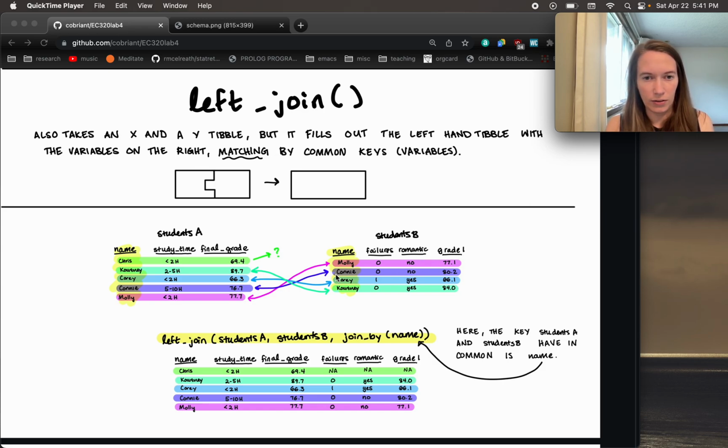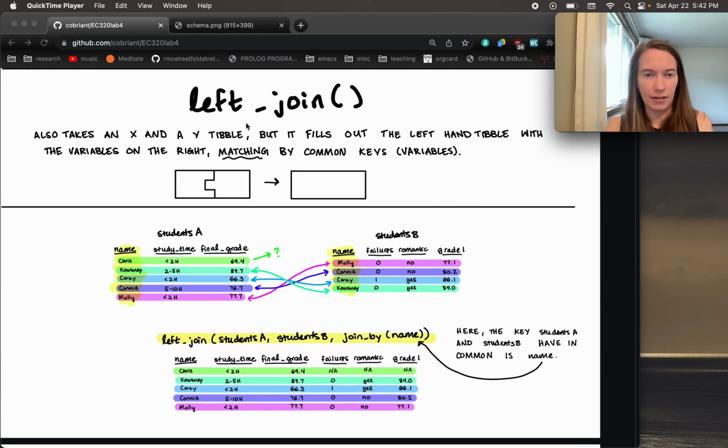And you notice these people are not in the same order. Like this starts with Chris, and Chris isn't even in this data set. And then Courtney comes next over here, and then Courtney is at the bottom. So we need to kind of rearrange this data set by the same order that it appears here in order to put these two data sets together and make a wider one.